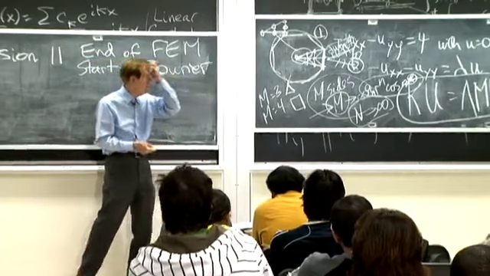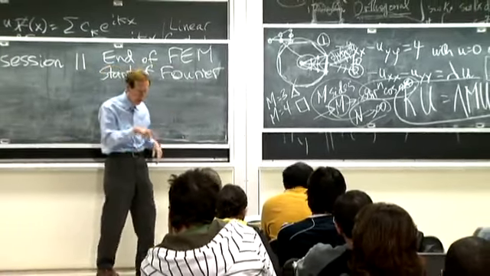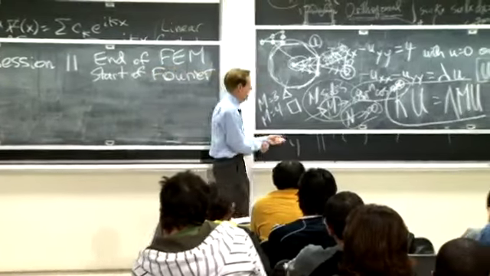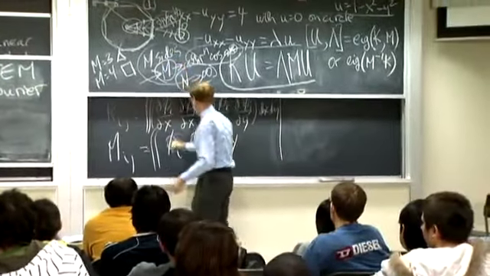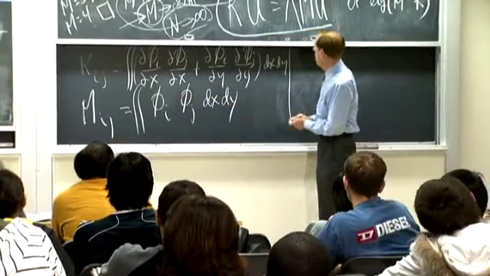We were set up to do it, since we have the code for the stiffness matrix. We would need new code to do these integrals, because this will be linear times linear.